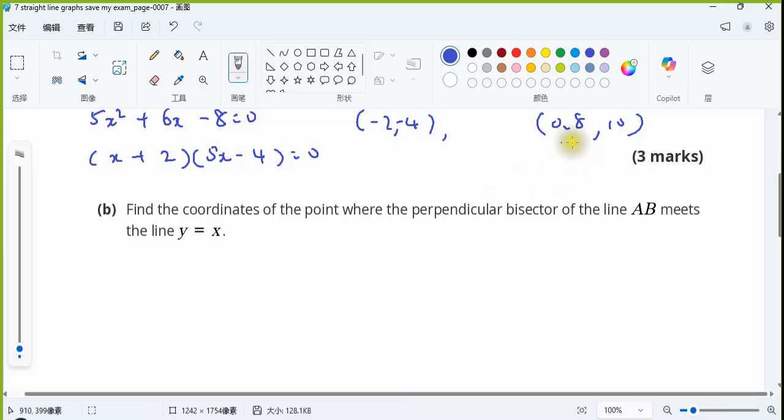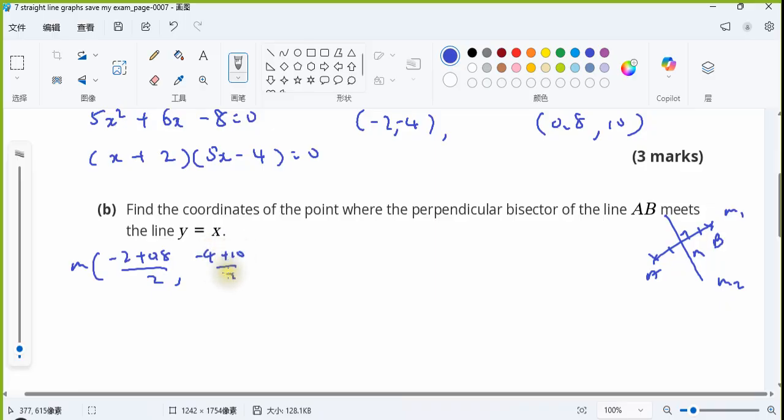Next, find the coordinates of the point where the perpendicular bisector of AB meets the line y equal to x. So we want to find the perpendicular bisector of AB. So we have A and B and the perpendicular bisector through the midpoint M. The midpoint is (negative 2 plus 0.8) over 2, (negative 4 plus 10) over 2.